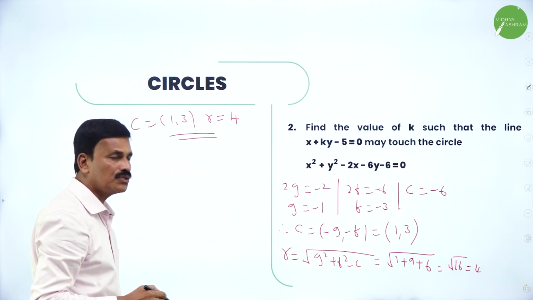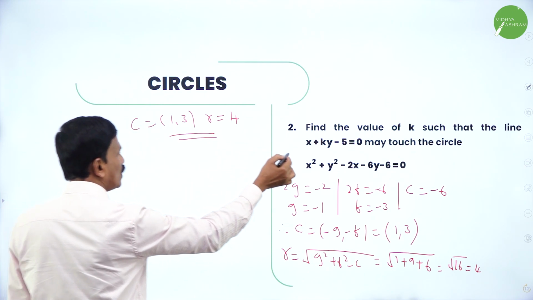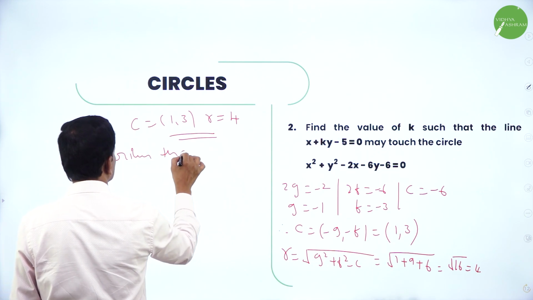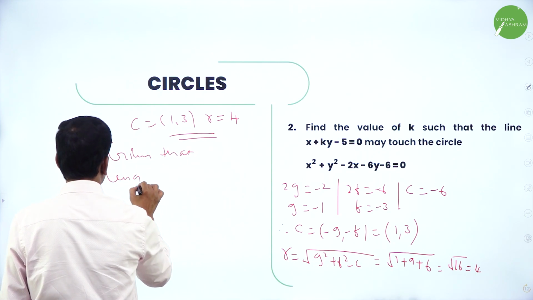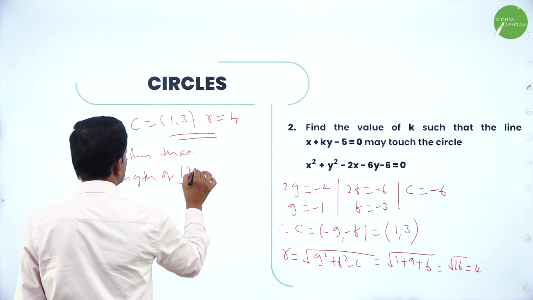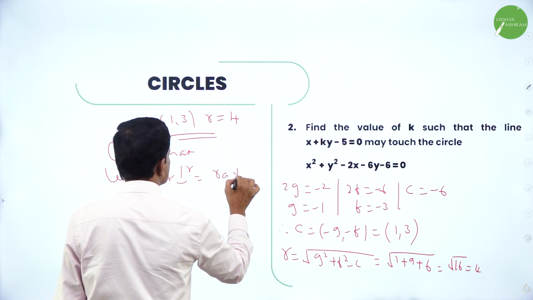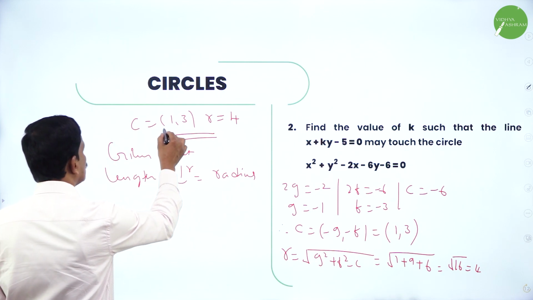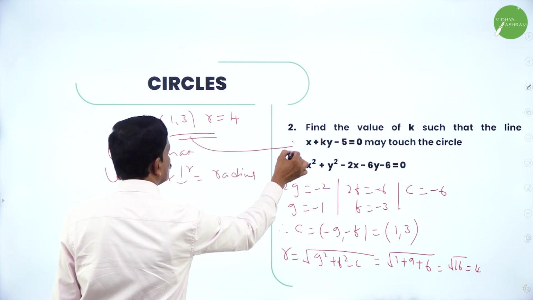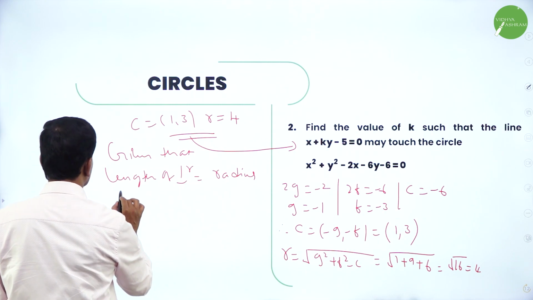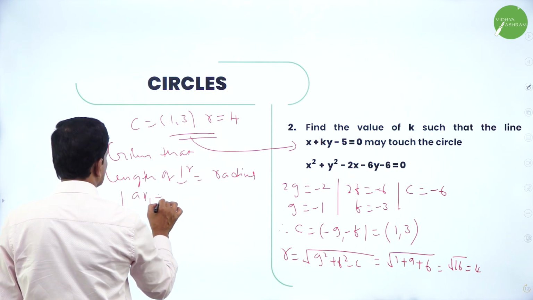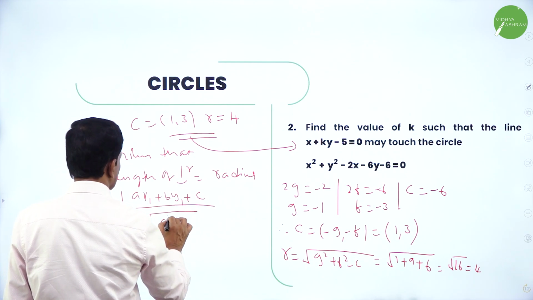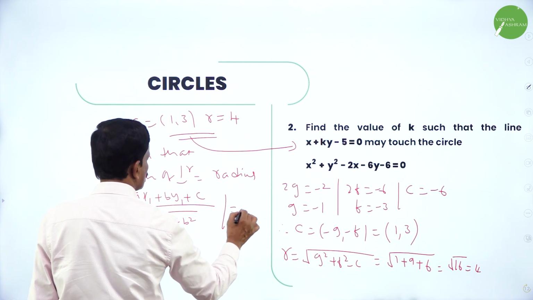Now, since we need to find the value of k, what is given? Given that the length of perpendicular is equal to the radius. The length of perpendicular from (1, 3) to the line is (ax1 + by1 + c) by root of a square plus b square, which is equal to the radius.